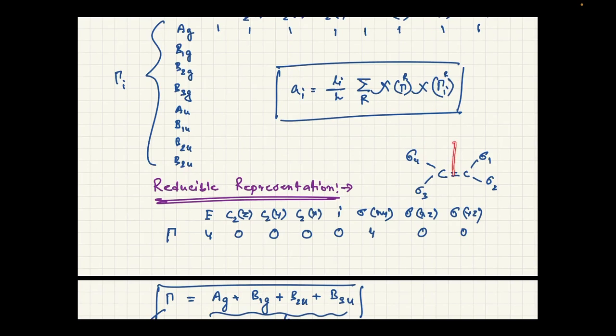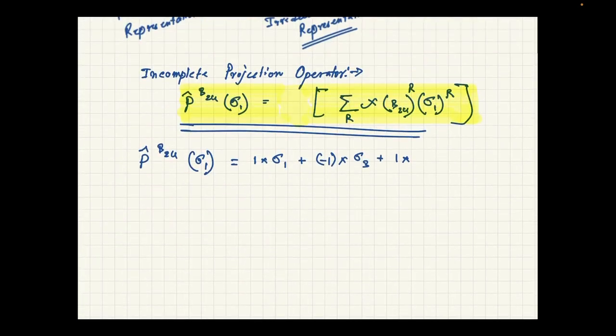So what will it be? C2Y, so this is y on the plane. If you perform C2Y, the 180-degree rotation around this axis, then sigma 1 will become sigma 4, right?